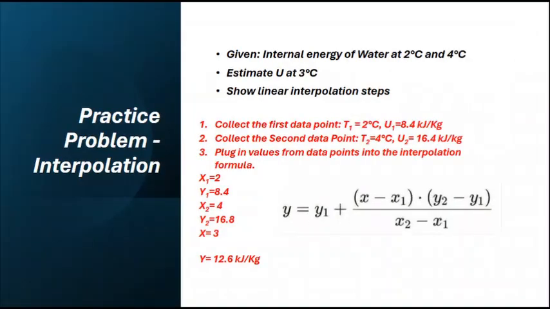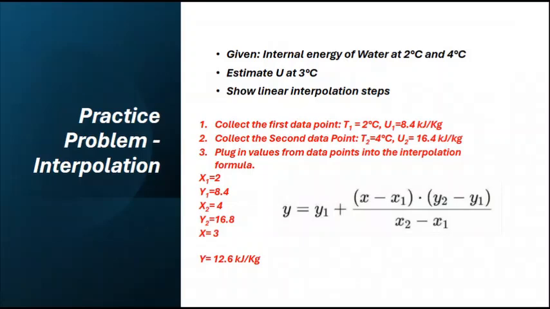So to work a problem on interpolation, we may be told to estimate the internal energy at 3 degrees Celsius. Right here it says estimate U at 3 degrees Celsius, where U is our internal energy. What we're given from our tables is the internal energy of water at 2 degrees and 4 degrees, but we need to find what's in the middle.